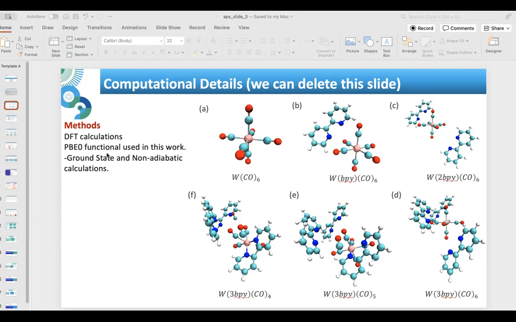Our calculation is divided into two parts. First, we did ground state calculation. In the ground state, we did density of states and absorption spectra. And after that, we did dynamics calculation, which we call non-adiabatic dynamics calculation.